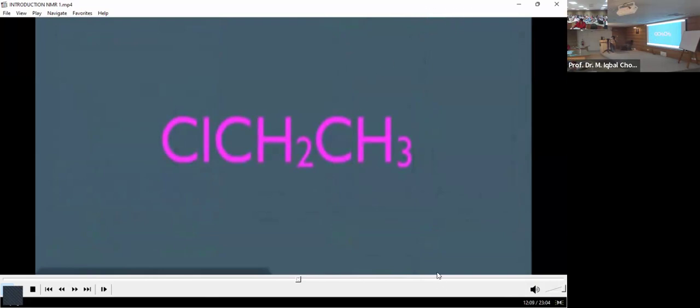For instance, let's focus on these hydrogens right here first. Let's represent them as a magnet with this particular orientation.